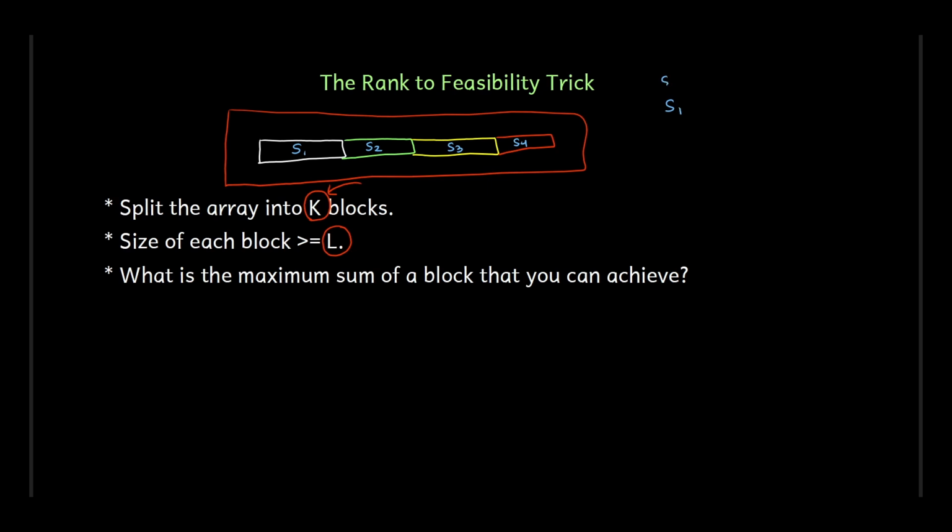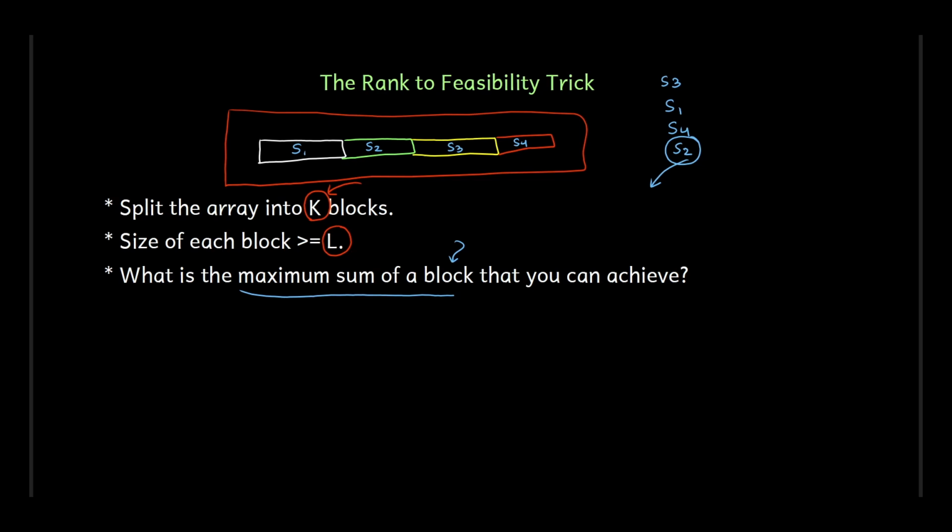Suppose S3 is the smallest value, S1 is the second smallest, then S4 and then S2. So S2 is the largest sum of any block. Your goal is to maximize the largest sum of any block after doing the splits optimally.